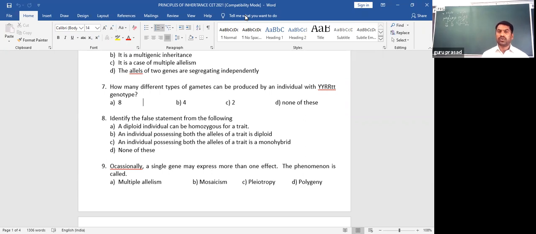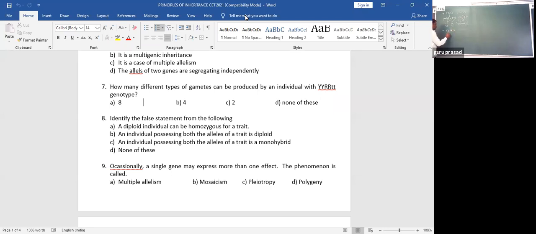You may not get 2, 4 or 8. If you make a change in that, for instance, capital Y, capital Y, capital R, instead of here, yes, capital R, then capital T, small t, I'll take this.